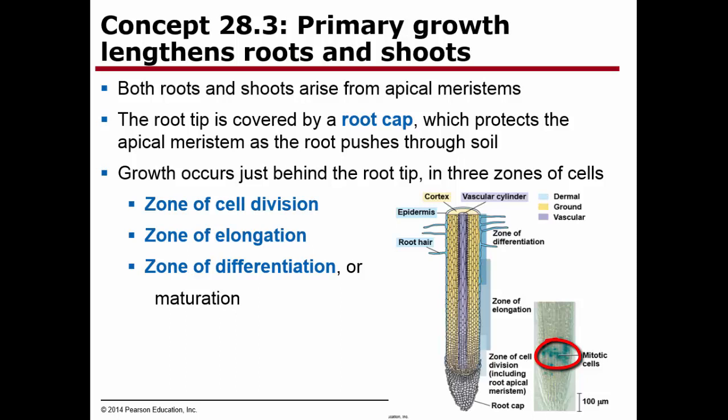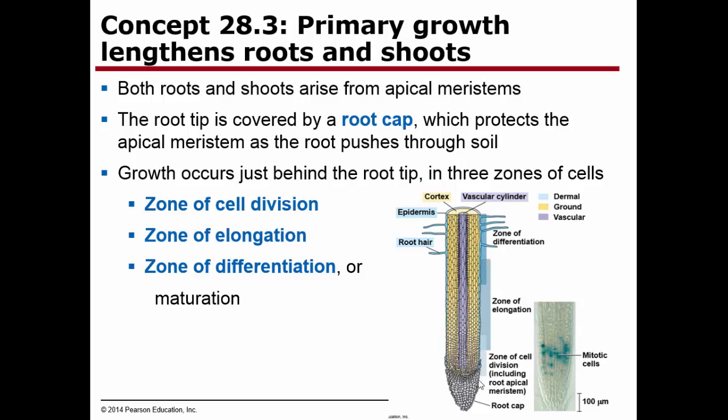So in this stained root here, we see that most of the mitosis is indeed going on in that region, located just a little bit behind the root tip. Okay, so when we look at these cells here, we can see they're very small because they're rapidly dividing.